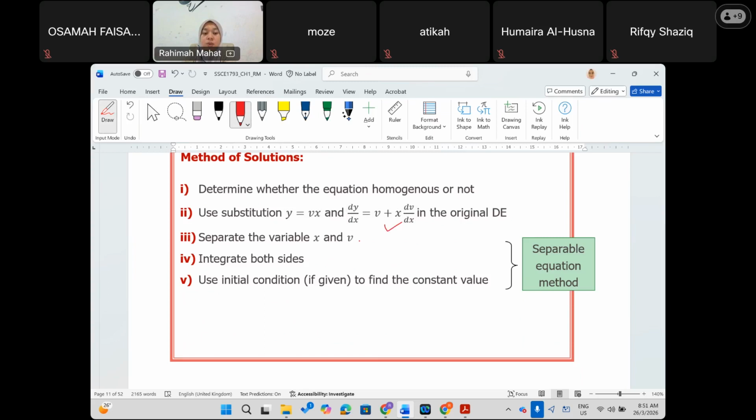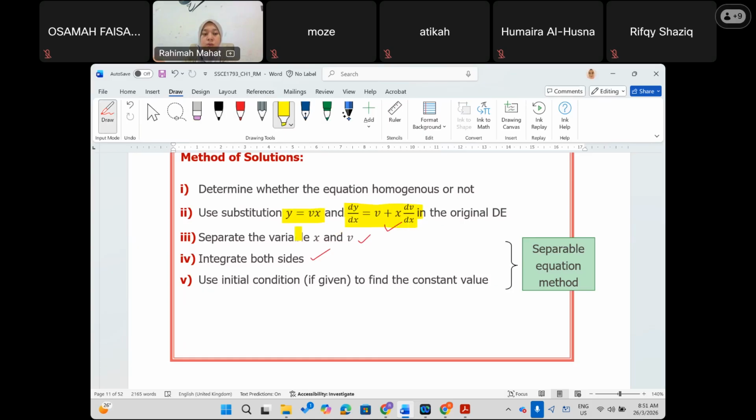And then you separate the variables of x and v and integrate. Actually, the next step is similar to the previous one. The difference is only that you need to know the substitution y equal to Vx.